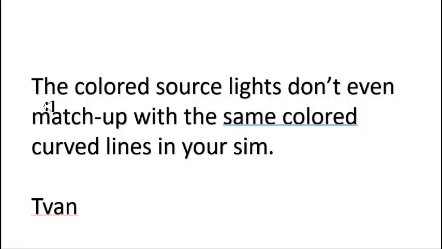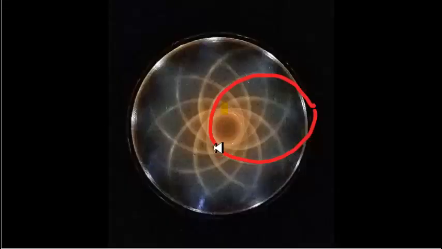So Tim also complained about the color source lights don't match up with the same colored curves in your sim. The reason for that had to do with what I was talking about up here, and how the light source was outside of the simulation.